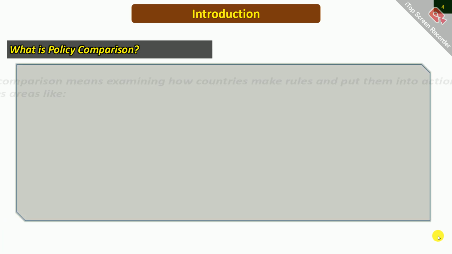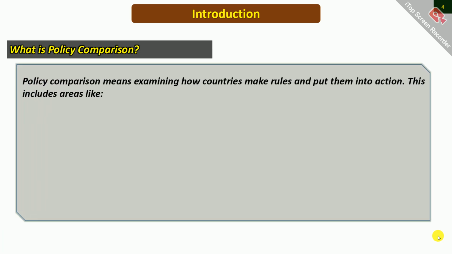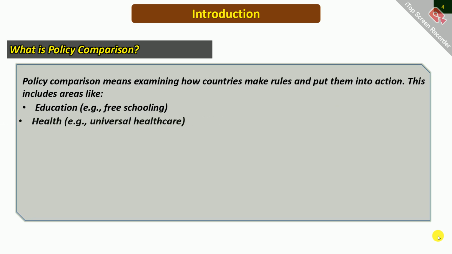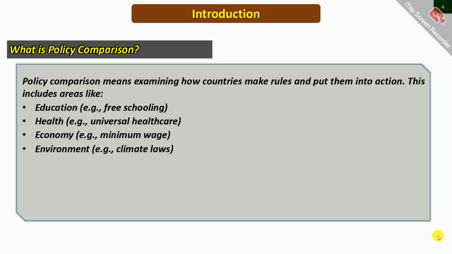What is policy comparison? Policy comparison refers to examining how countries make rules and put them in action, and this includes areas like the following: education, like free schooling; health, like universal health; economy, that is minimum wages, for example; environment, climate laws.